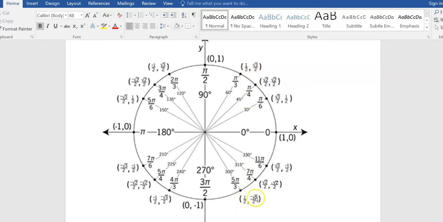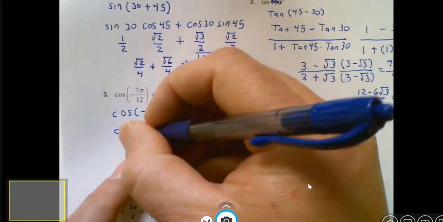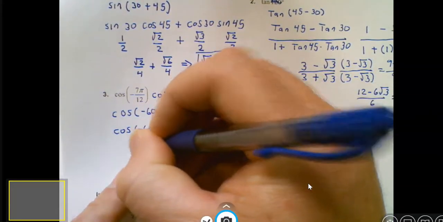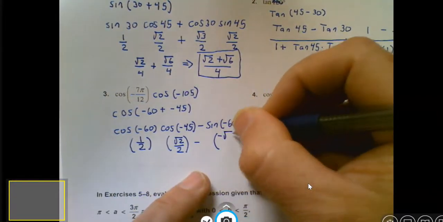But again, my sine is now negative because we're going down instead of up. So I'm still looking at these values. So my cosine is going to be positive 1/2. My sine is going to be negative rad 3 over 2.